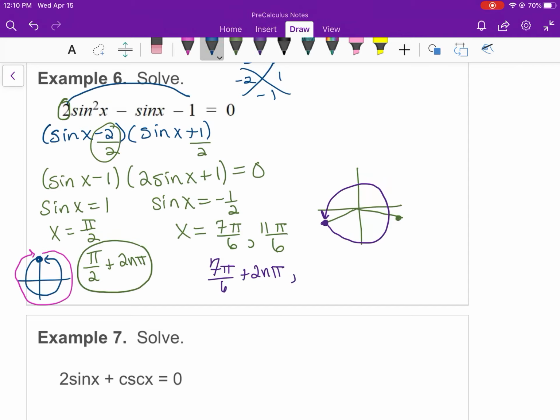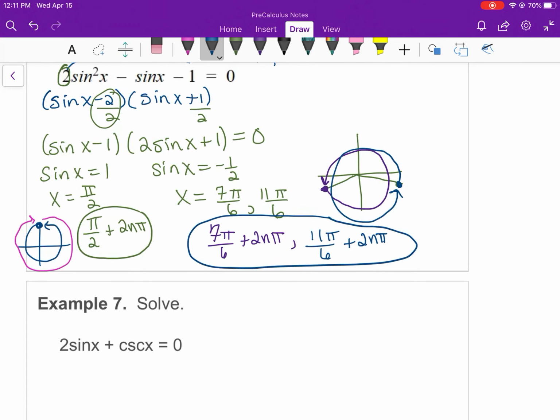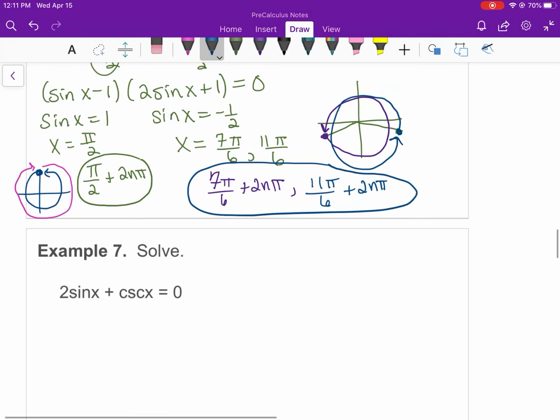Likewise, if I start here at 11 pi over 6, the only way I'm going to get back to it is by adding a complete circle. So that's 2n pi. So for now, you've noticed that I've just added 2n pi, which basically just gives you a coterminal angle.